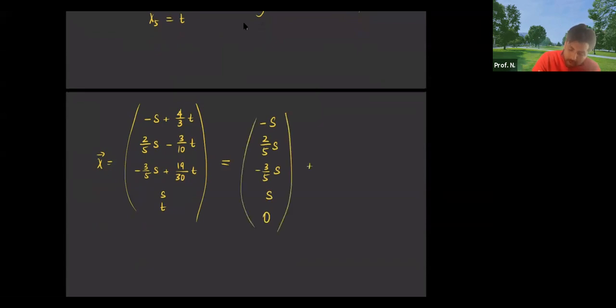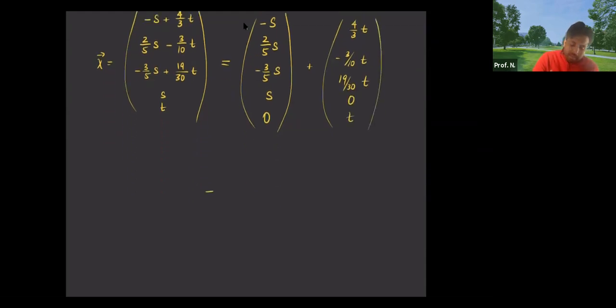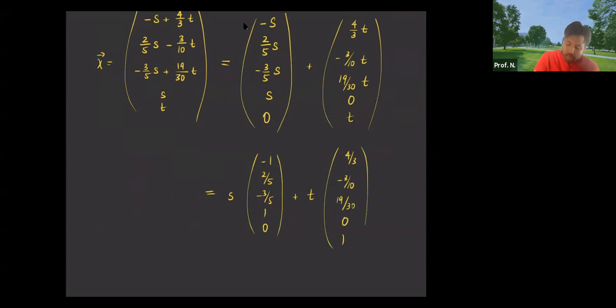This vector, I add it with this vector: 4/3 T, negative 3/10 T, 19/30 T, 0, T. Since the first vector has S's in all entries, I can take out the S. I'm left with -1, 2/5, negative 3/5, 1, 0. Take out the T and I'm left with 4/3, negative 3/10, 19/30, 0, 1.